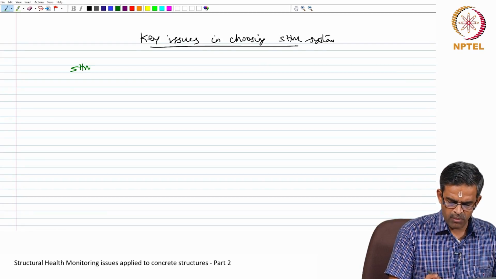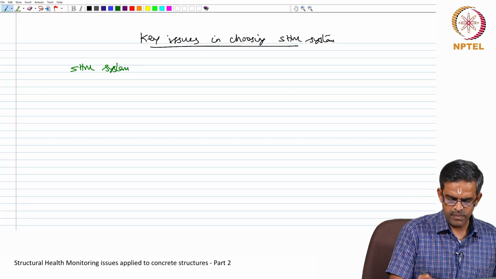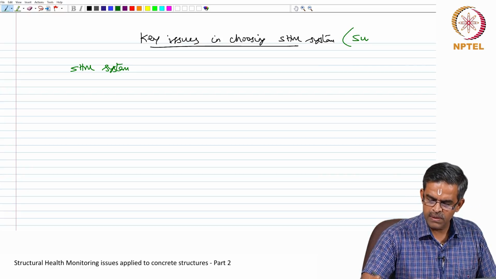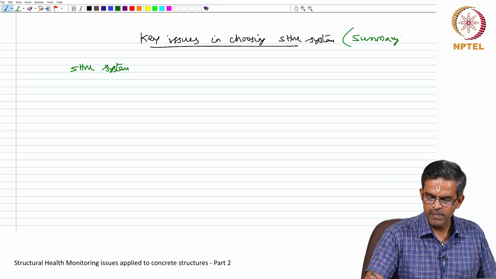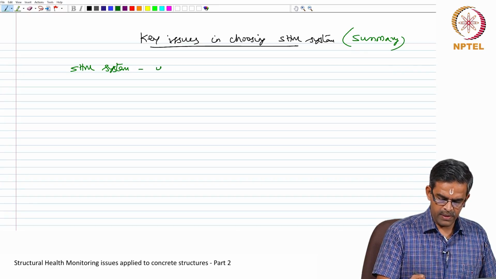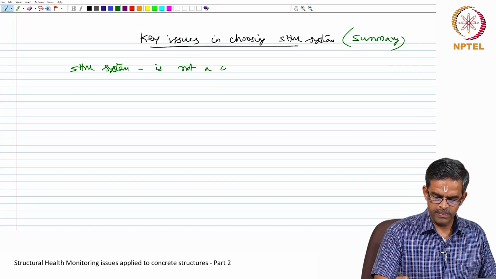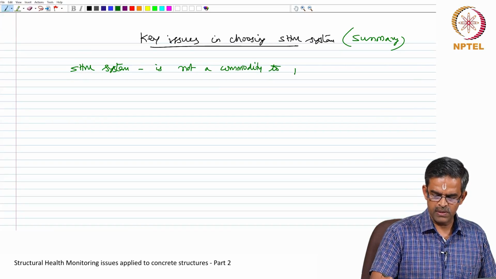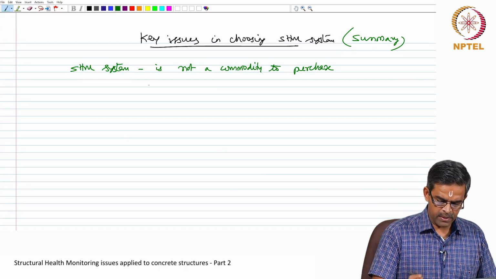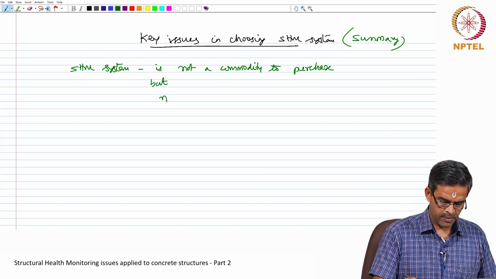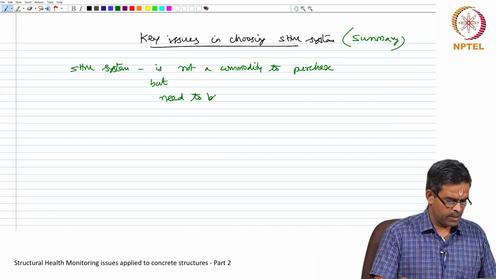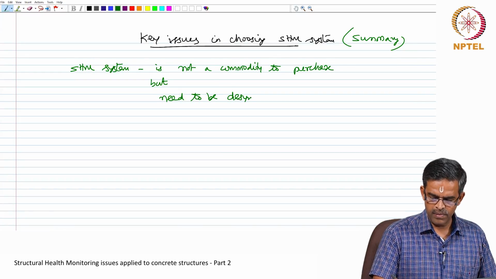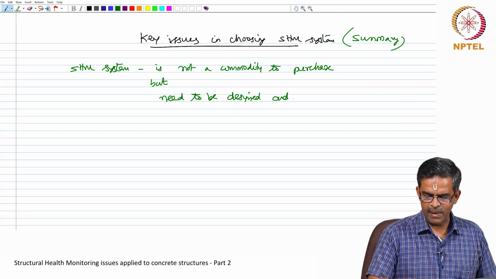So, a structural health monitoring system, this is a summary we are discussing, is actually not a commodity to purchase, but need to be designed and developed.